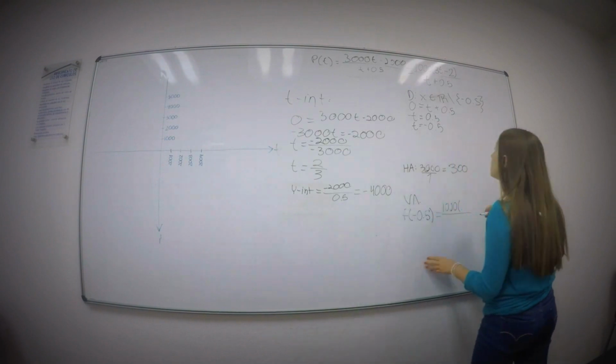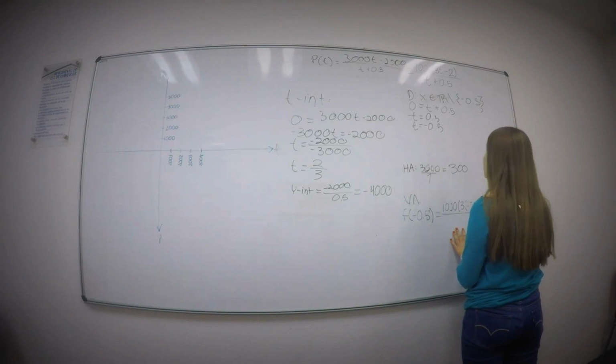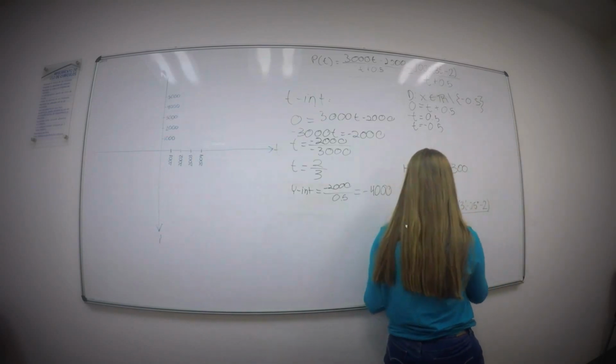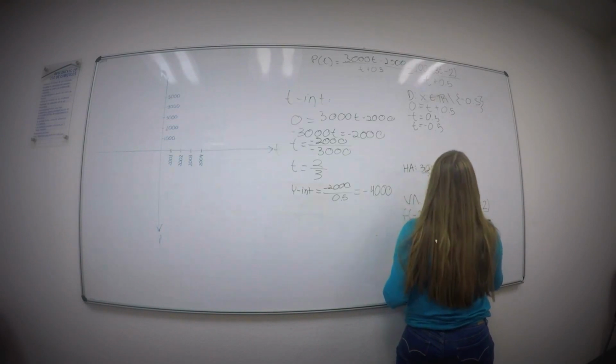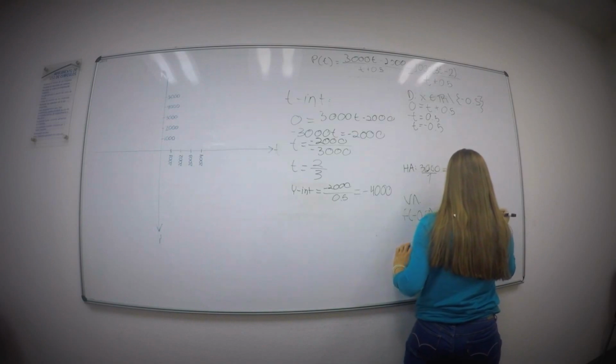1000, we open parentheses, 3 times minus 0.5 from the right, minus 2, over minus 0.5 from the right, plus 0.5.